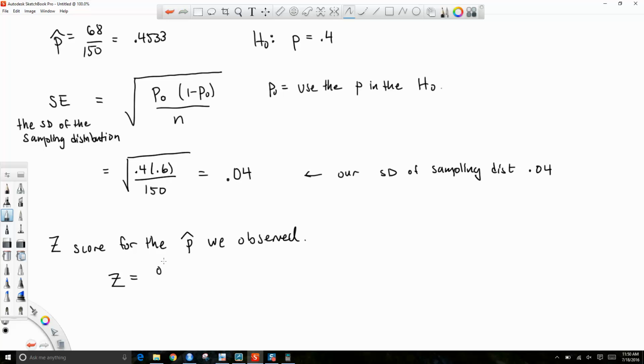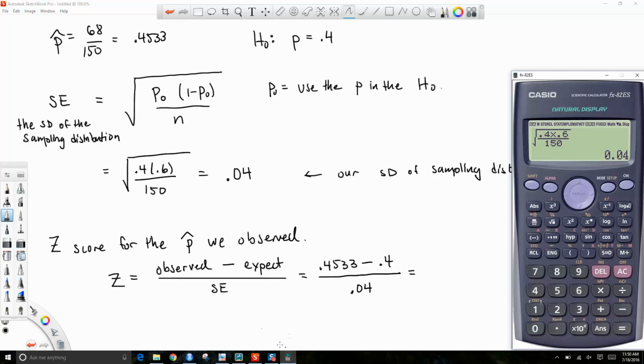It should be what we observed, this is the reality, versus what we expected. It's kind of reality versus expectation, divided by, to decide if it's a big difference or small difference, our standard error. So we have 0.4533, which is different from what we expect of 0.4, and we're going to divide by our standard deviation of 0.04.